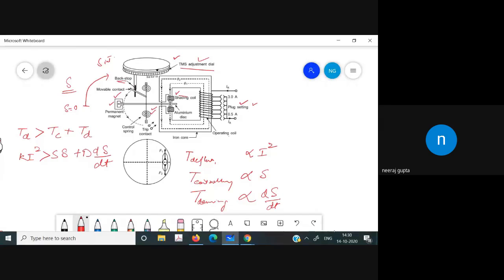Now, in this case, K is the deflection constant, S is the spring constant, and D is the damping constant.